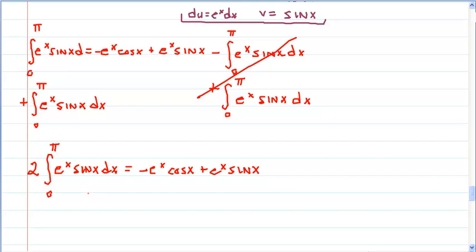And what I've done is I've isolated the integral that I was trying to integrate from the beginning, but I just have to divide everything by 2 so that these cancel.